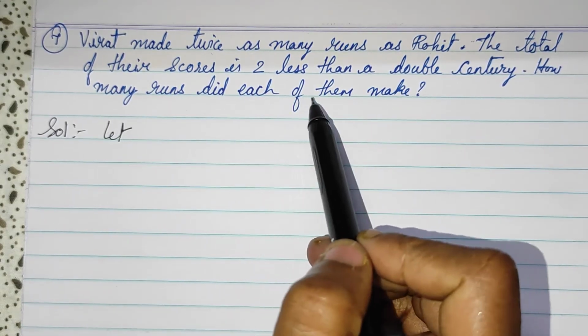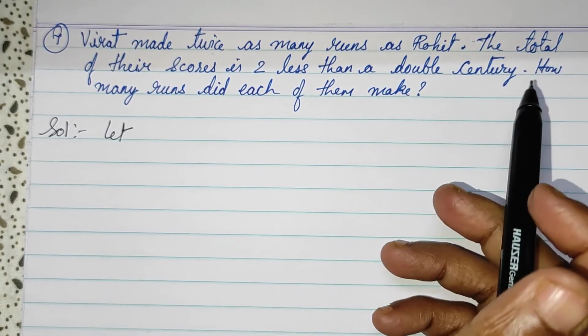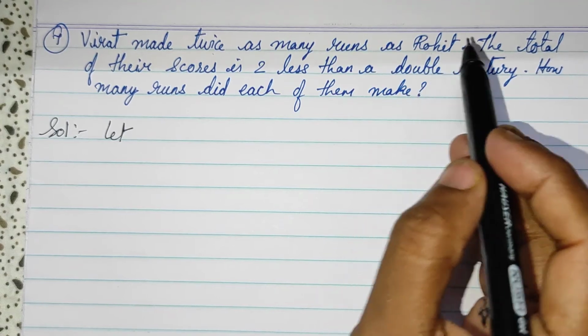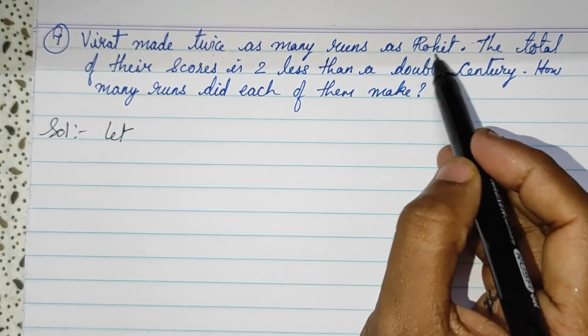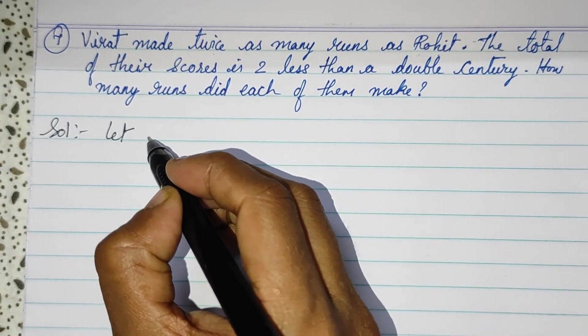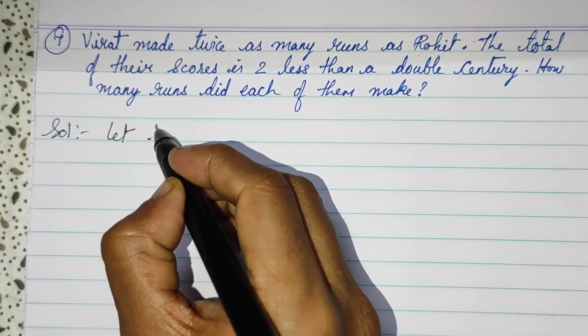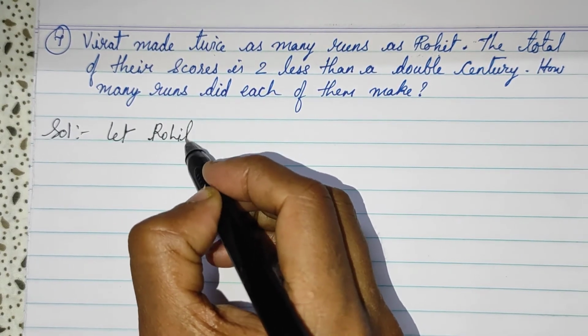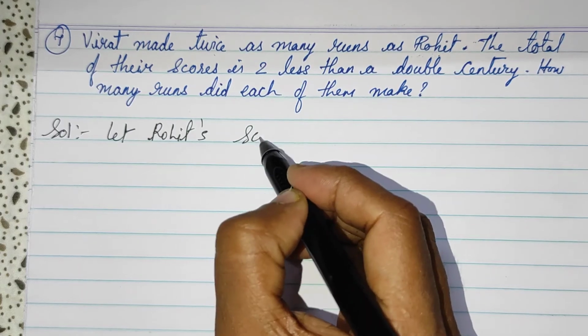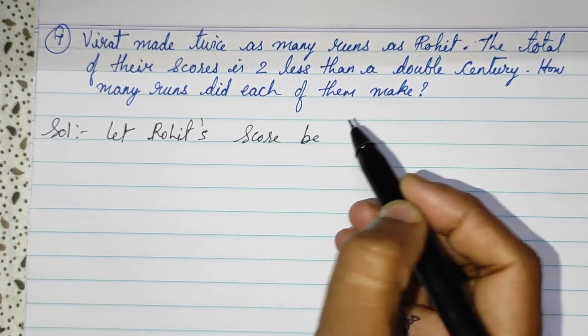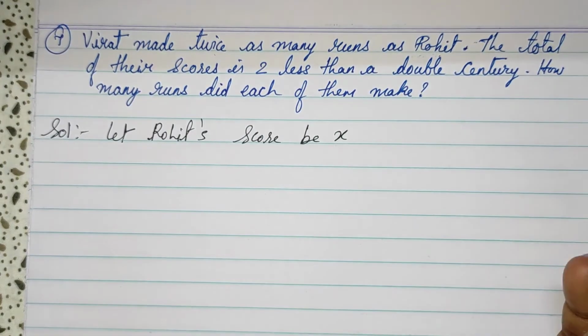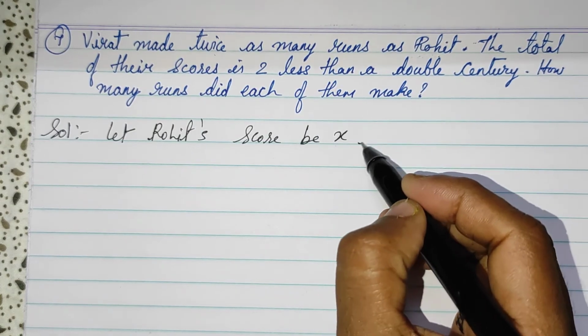How many runs did each of them make? So again, information has been given about Virat, not about Rohit. Rohit के बारे में information नहीं है. So let Rohit's score be x runs.